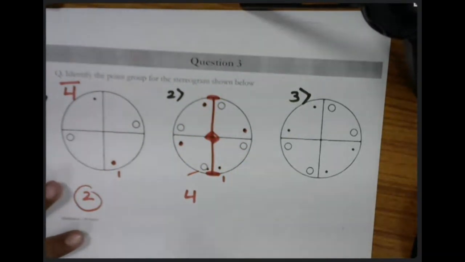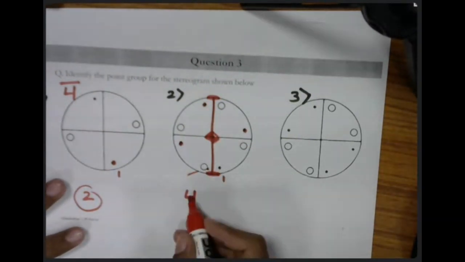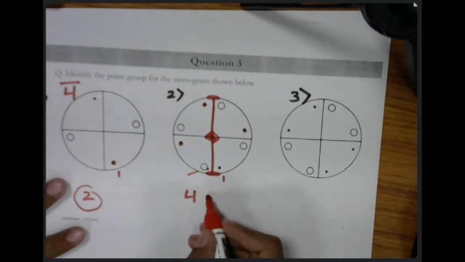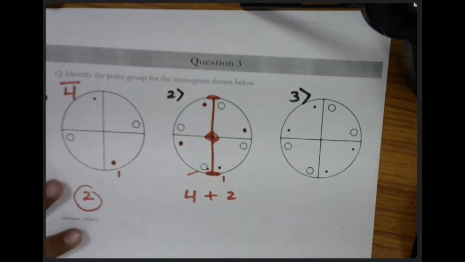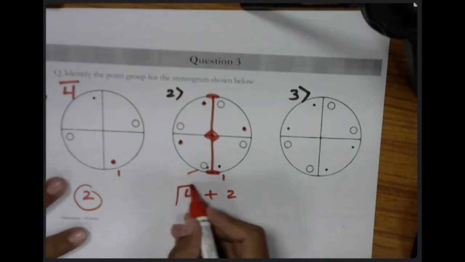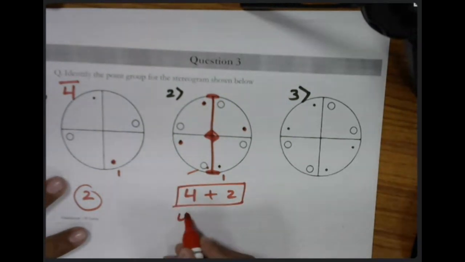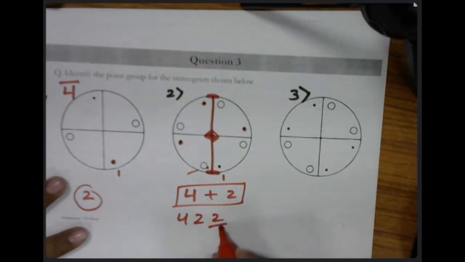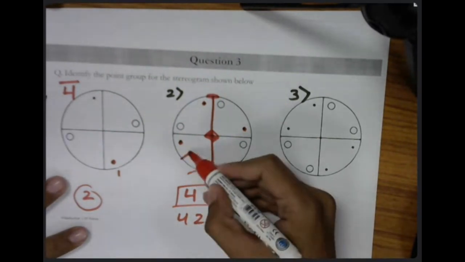So what we can say is that this is a combination of the fourfold and twofold, right? So this is a dihedral type group, that is 4 2. This additional 2 is belonging to this one.